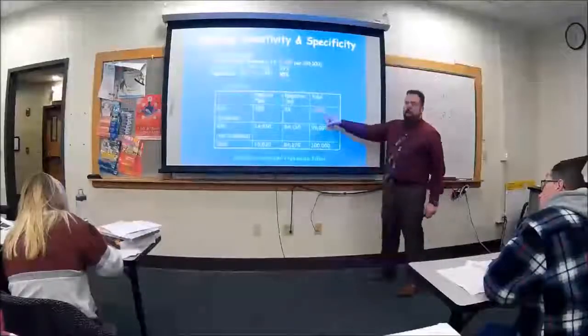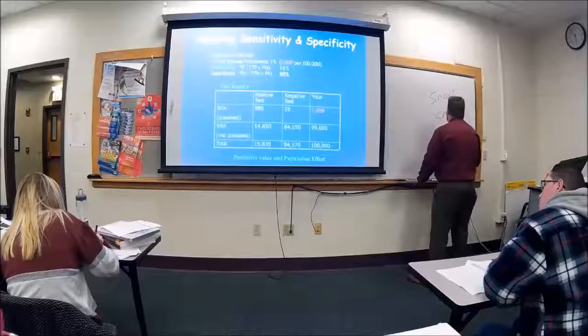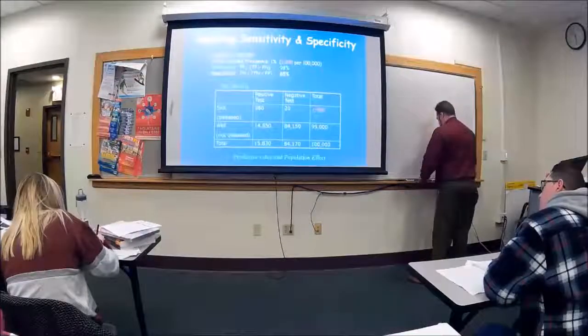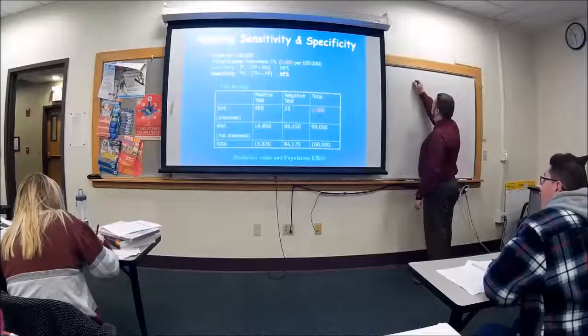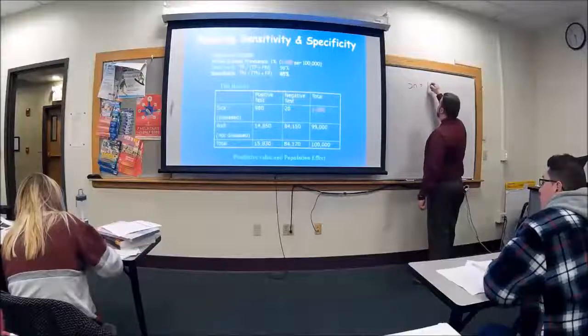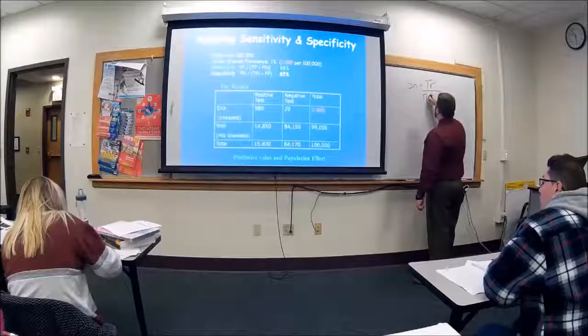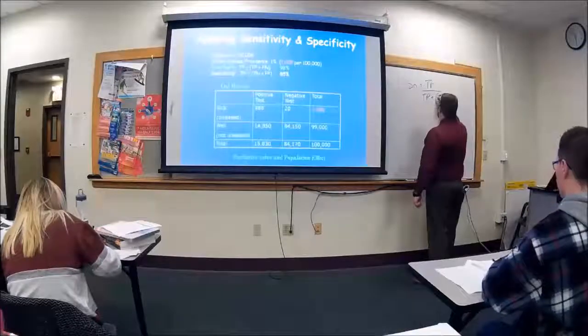You put them all together, you get 1,000, right? Because I said 1,000 people with the disease. So sensitivity equals true positives divided by true positives plus the false negatives.